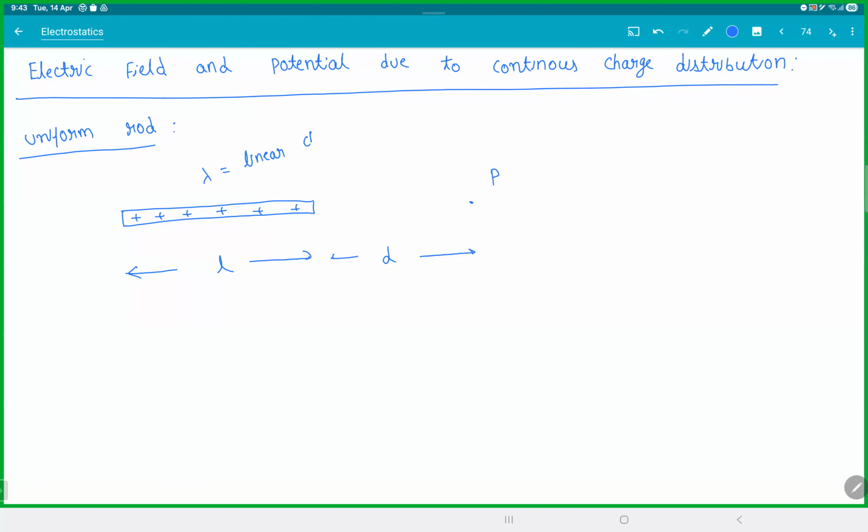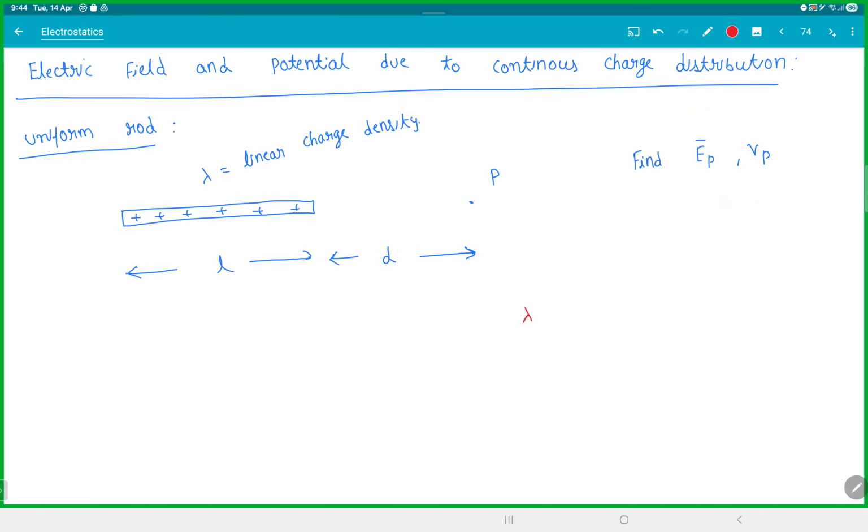If you remember in center of mass, we used to call it linear mass density. Find the field and potential at point P. So we have a rod, and there's a point P at a distance D from the end of the rod.